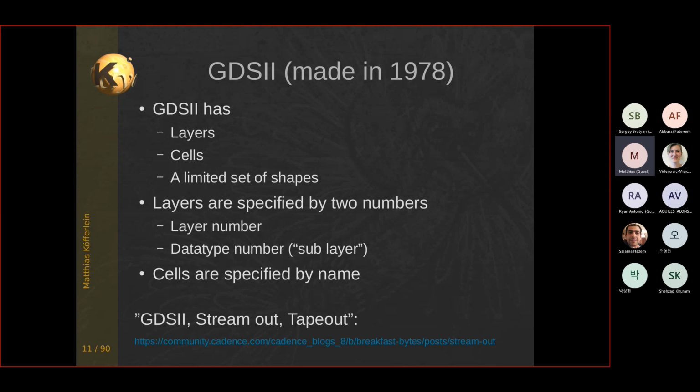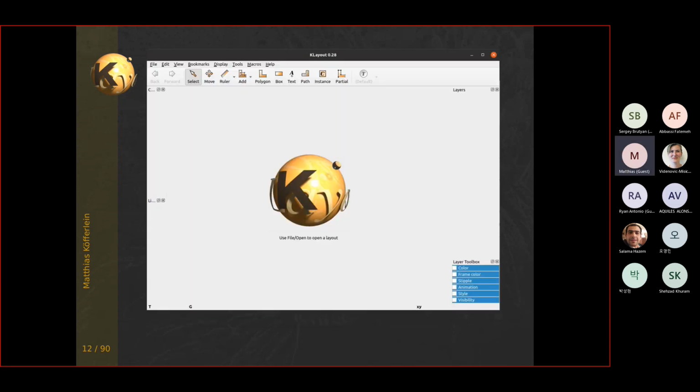They usually have a deadline when to deliver, and a week before tape out is always like working night shifts, doing simulations, iterations, just to make sure that everything is perfect. So eventually tape out means producing a GDS file and sending it somewhere by FTP or whatever. Okay, that's about GDS.